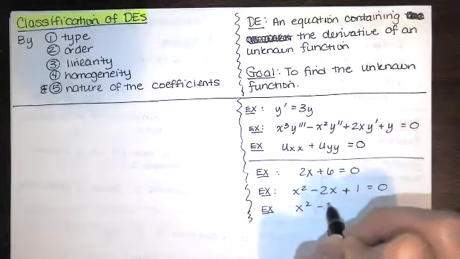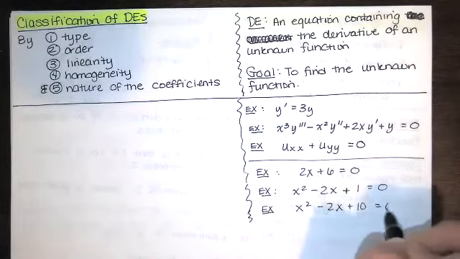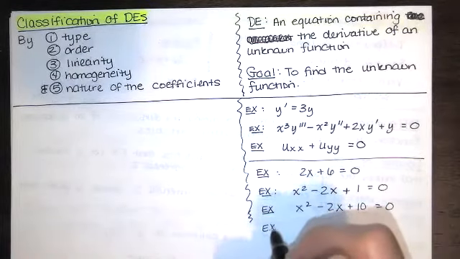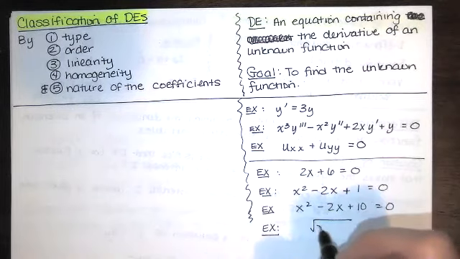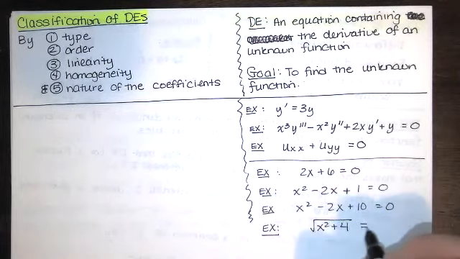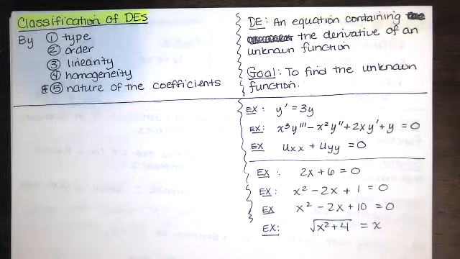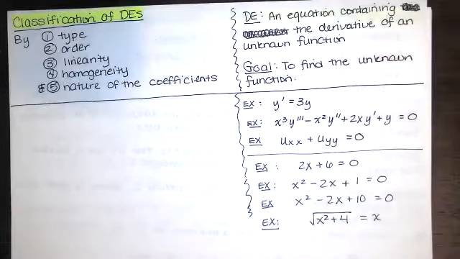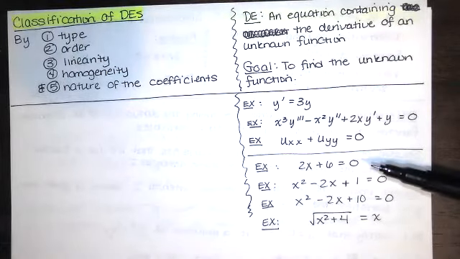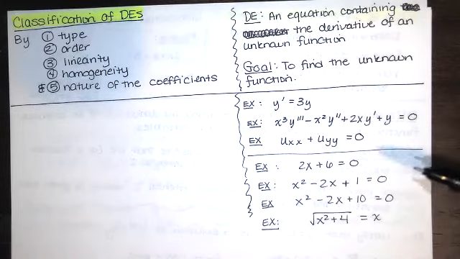This is one that you may want to solve by completing the square. This is one that you would probably solve by squaring both sides to get rid of the radical. But in algebra class, you basically learned techniques for solving different types of equations. And in each case, you were trying to find x.